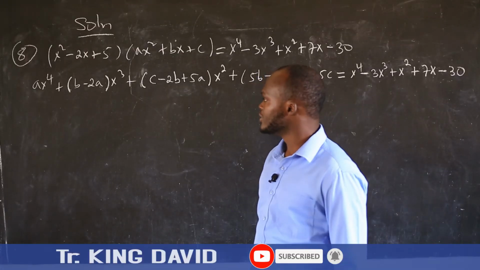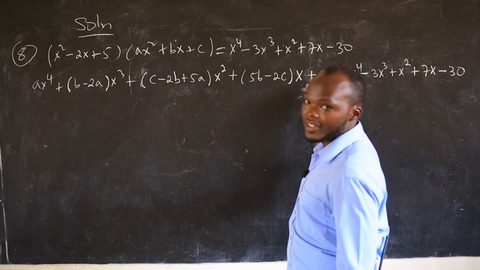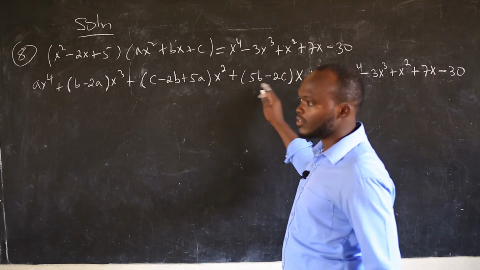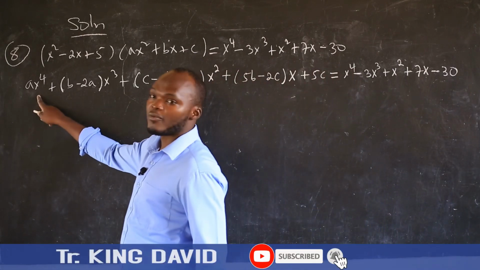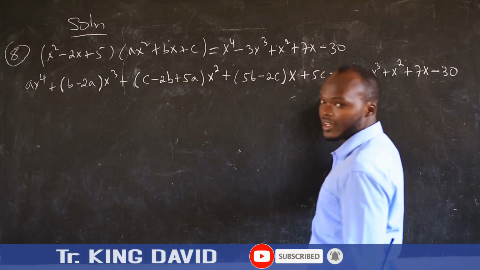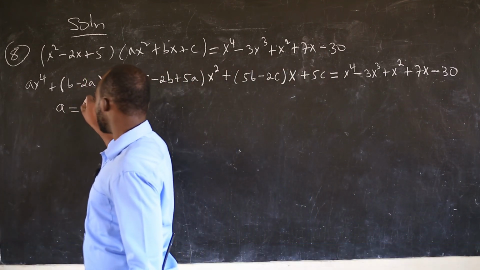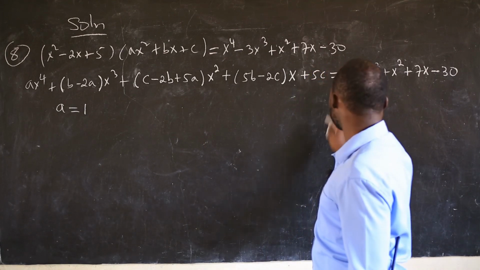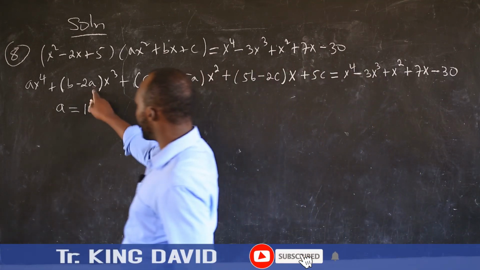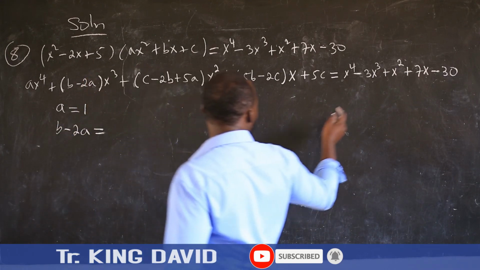Now here, we have 2 equations. We're going to equate them. The coefficient of x power 4 must be equal to the coefficient of x power 4 here. So that means a equals 1, because the coefficient of x power 4 here is 1. Then b minus 2a equal to negative 3.